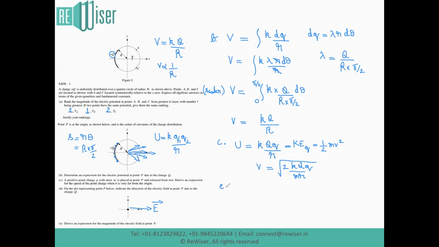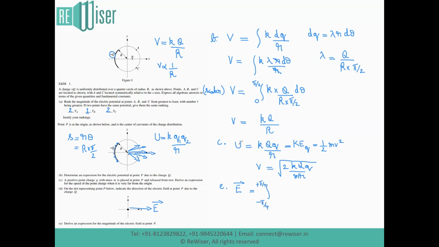Moving on to the last part of the question. Derive an expression for magnitude of the electric field at point P. So we know that the total electric field E is given by the formula E equals integral under the limits minus pi by 4 to plus pi by 4.